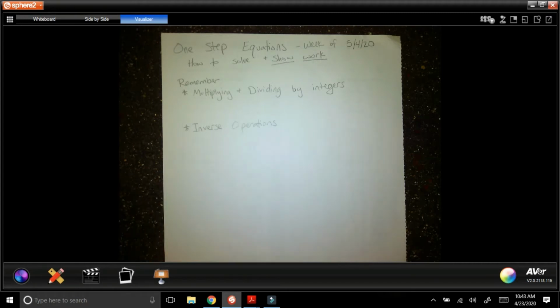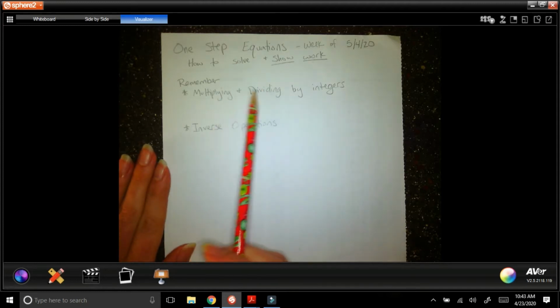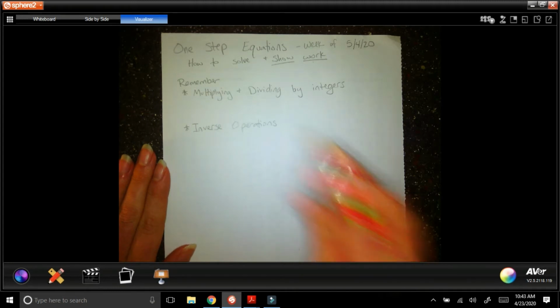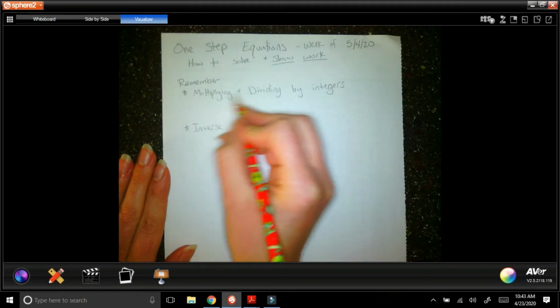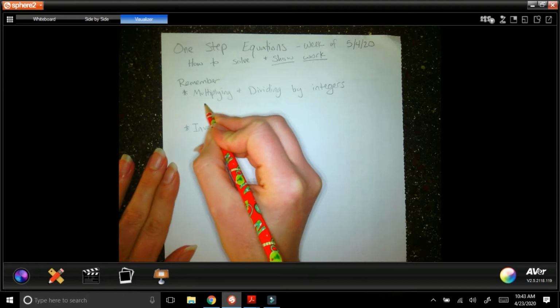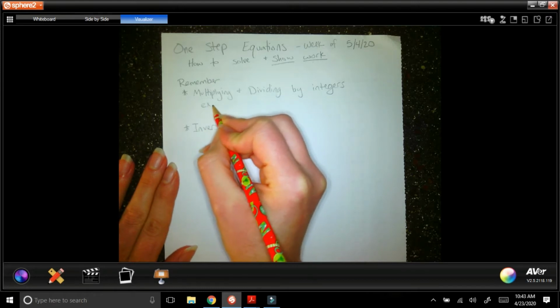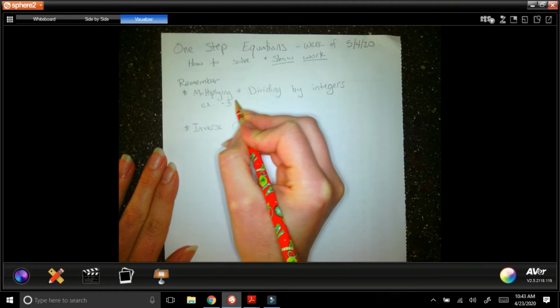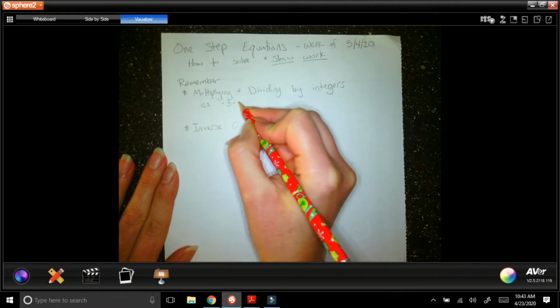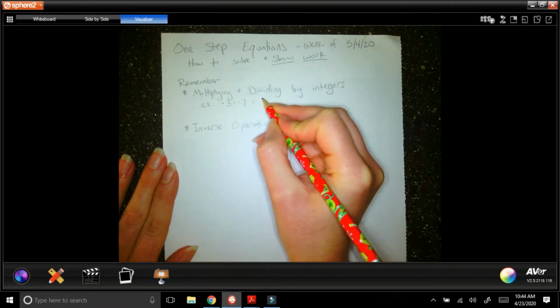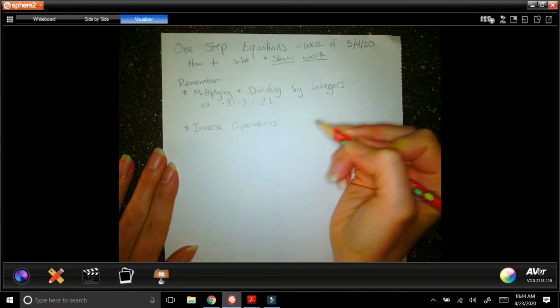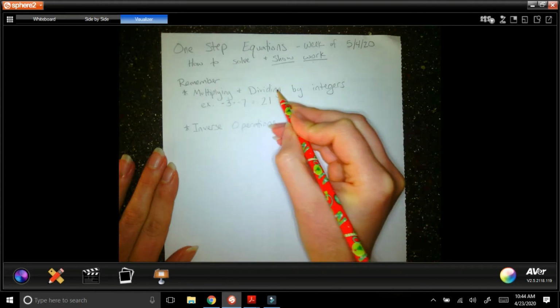Last week we looked at adding and subtracting integers. I purposefully did not include multiplying and dividing integers. But some things you have to remember when you are multiplying or dividing two negative numbers. For example, maybe you have -3 times -7, you would get a positive 21. Same thing for dividing.